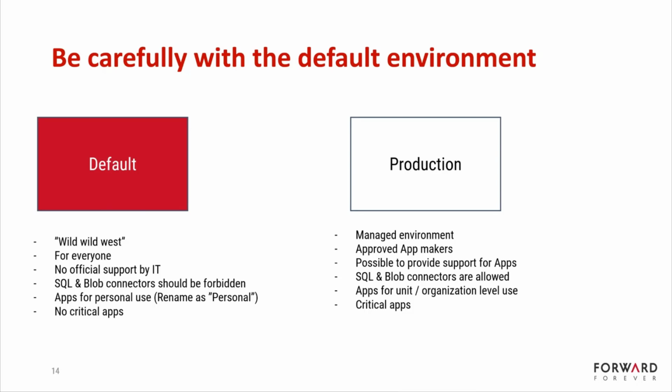Only a few app makers can deploy and make solutions, apps and flows to that environment. And then you monitor that environment, and you can provide, for example, support for those applications that are placed in the production environment. Just keep in mind, the default environment is a special environment and a wild west environment. It's not the place to put your production applications.